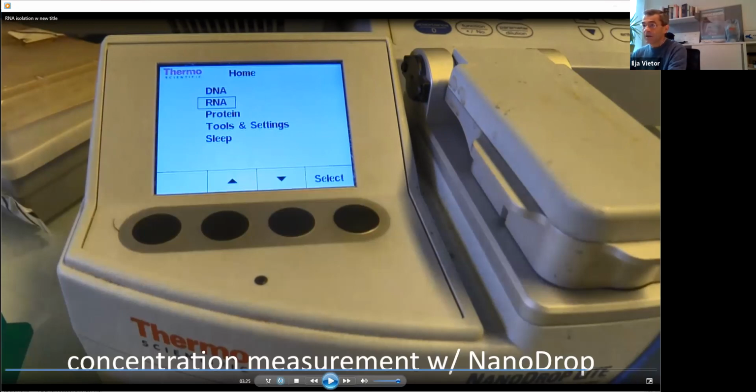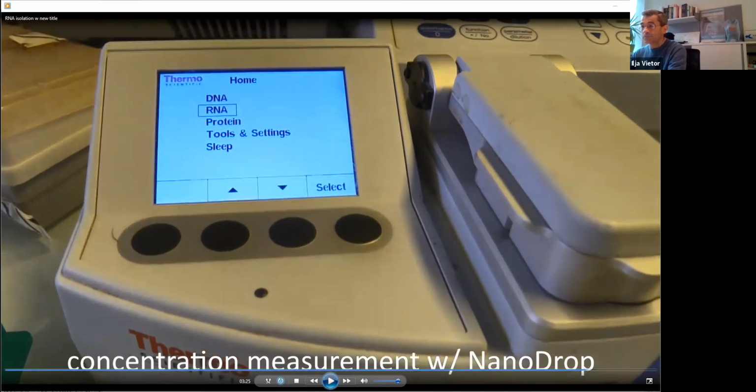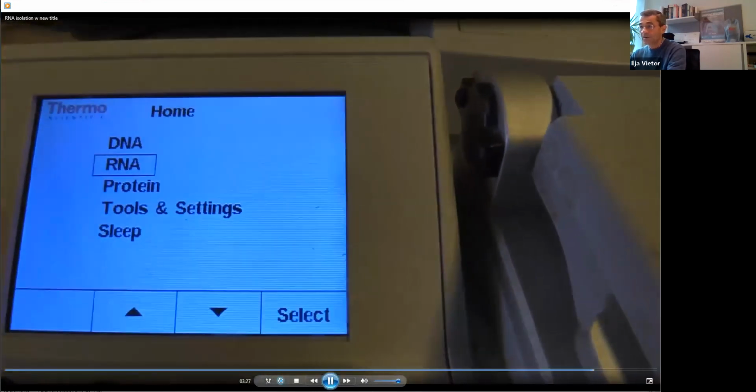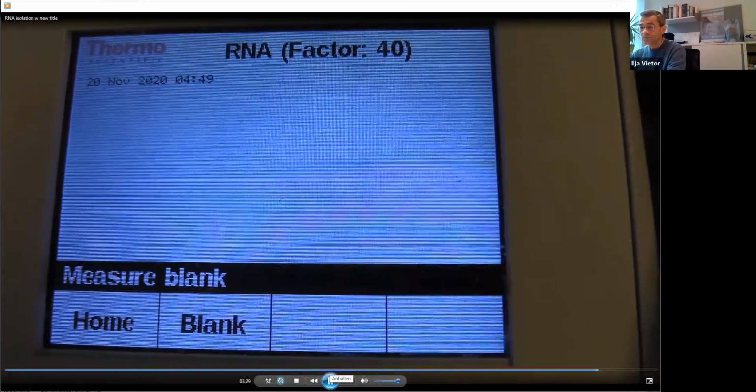concentration of your RNA. This instrument is called a NanoDrop, because there you use just one single drop of your material. With this instrument, you can measure the concentration of DNA, RNA, proteins, and so on. In this case, we have selected RNA. That's the software program for the RNA measurement.